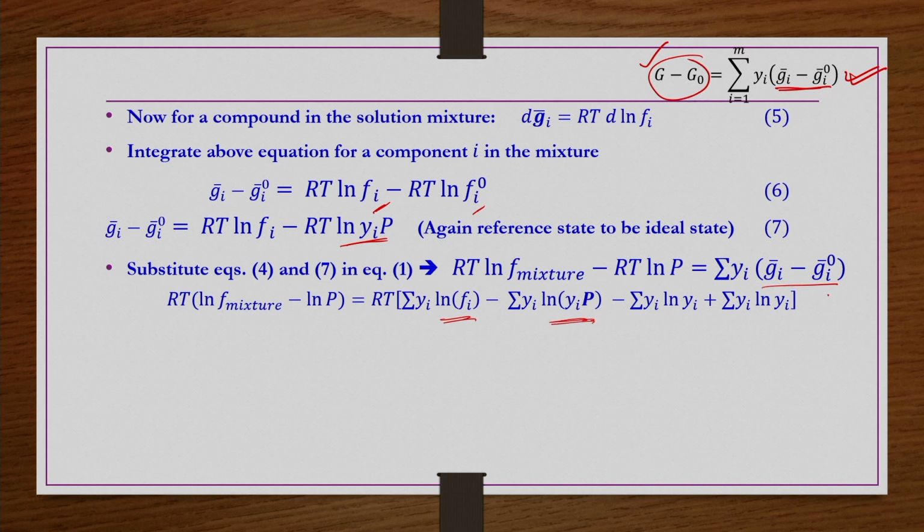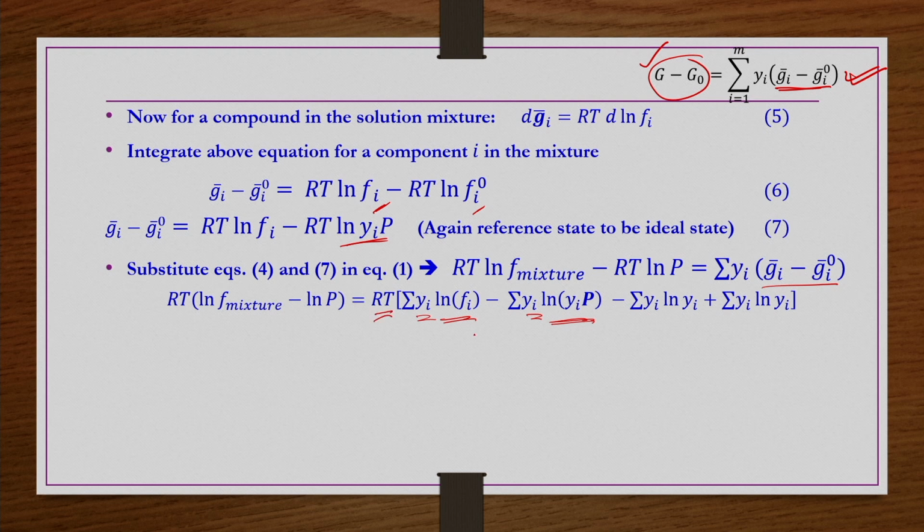But this Gi bar minus Gi bar naught is multiplied by yi, so both the terms ln fi and ln yiP should be multiplied by yi, and there should be a summation. And RT we have taken common.